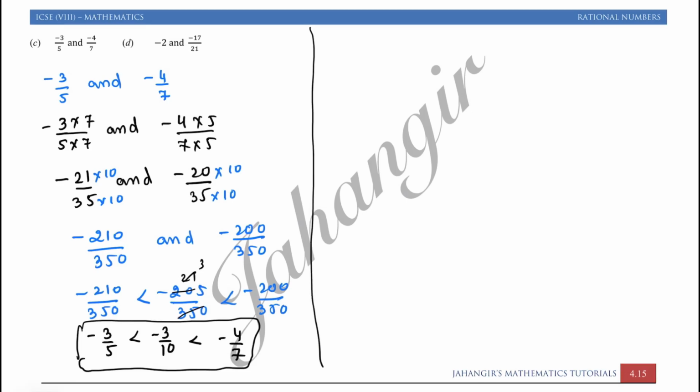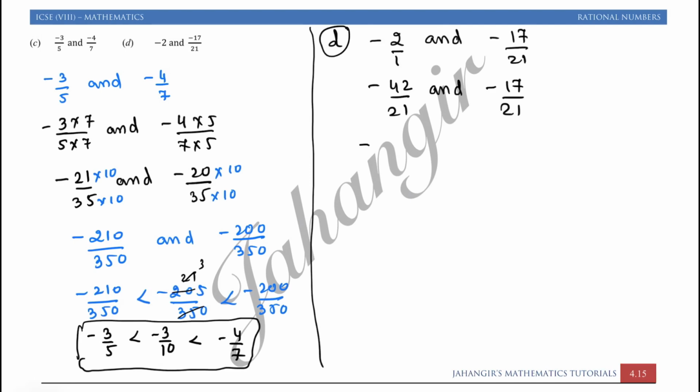Now D. In D we have minus 2 and minus 17 by 21. So let us make the denominator same. So you will get minus 42 by 21 and minus 17 upon 21. Just put any number. So I can take minus 42 by 21, I can take minus 21 by 21 and I can take minus 17 by 21.